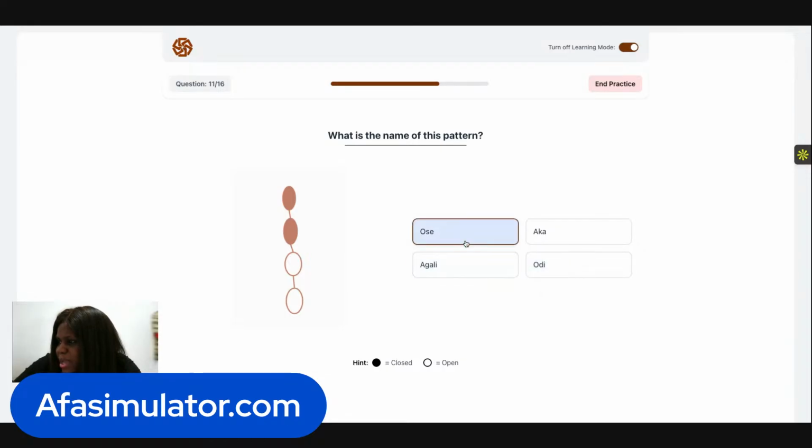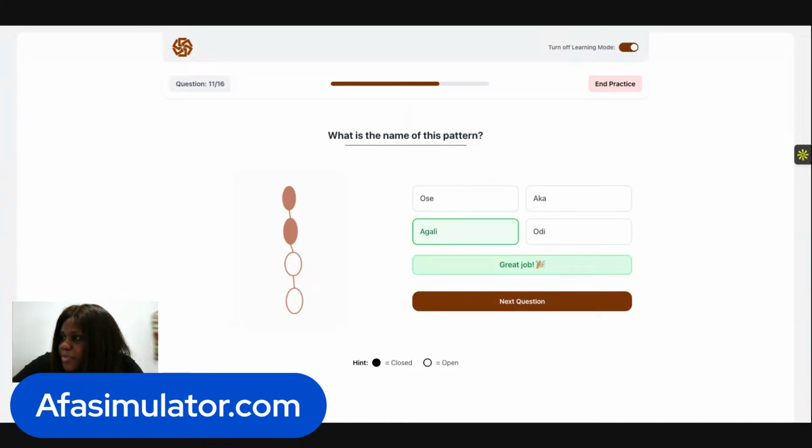This is either Agali, Ose, or Odi. This is not Odi. It's either Ose or Agali. Is this Agali? Wait, what do I know about Ose? I think this is Agali. Let's try it. Yeah, it's Agali.